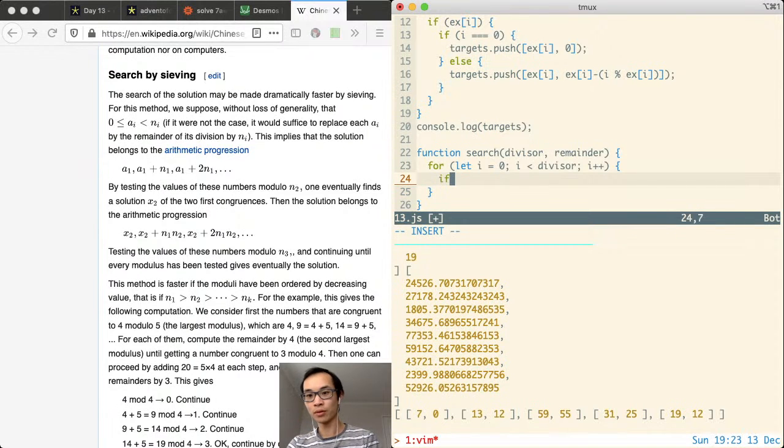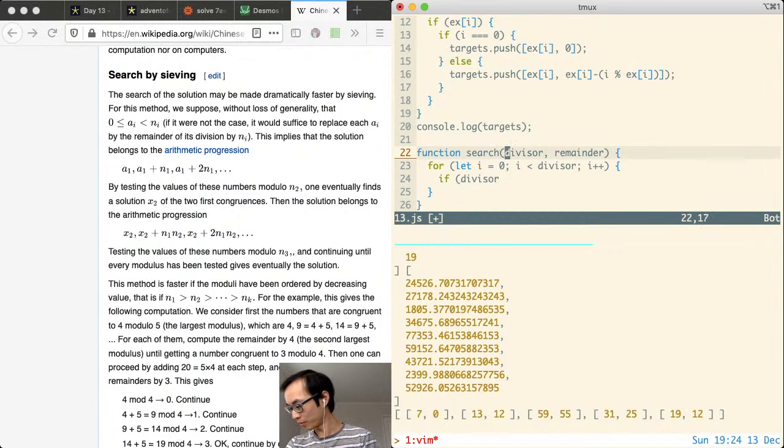So if, what's the equation? Divisor, no, this isn't enough.